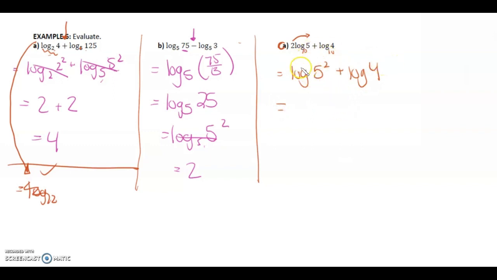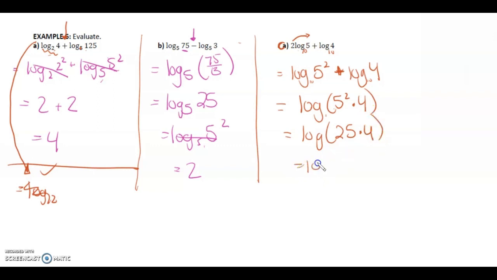And now because there's no numbers in front, and this is added with the same base, of course 10, we can rewrite this as a product: log base 10 of 5 squared times 4. And that's it. So 5 squared is 25, times 4 is 100.